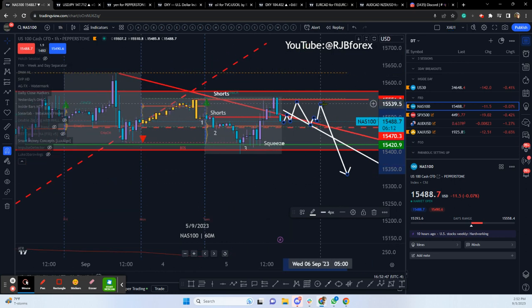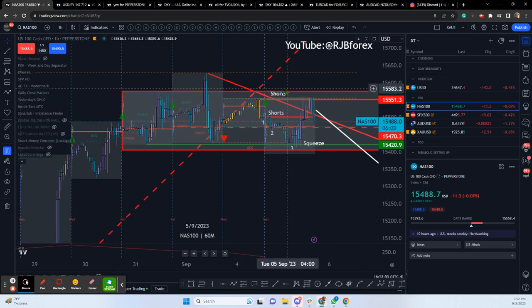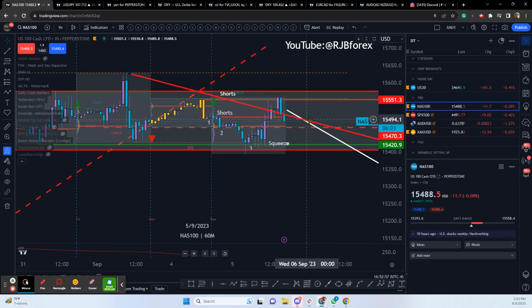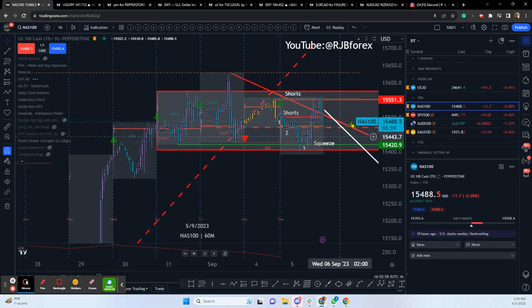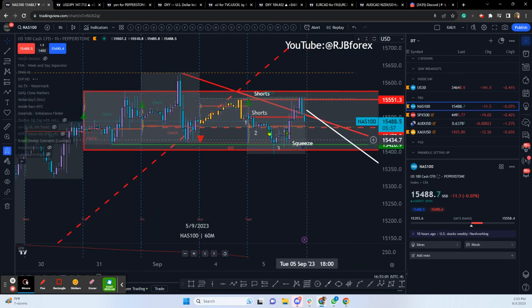But that would be unlikely, of course, if the US dollar is going to tumble. If the US dollar is going to tumble, then we're going to be looking for longs and a buy low opportunity. So a first red day doesn't always have to pan out, it has to be taken in context, of course.